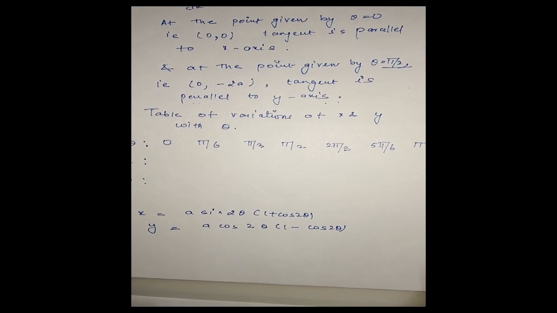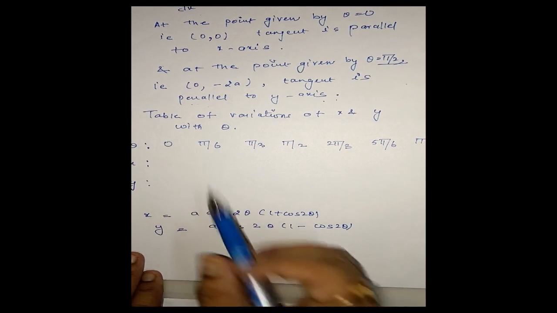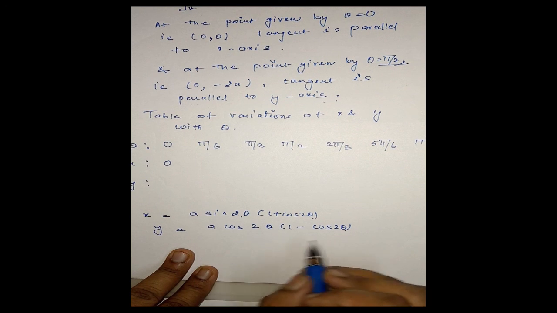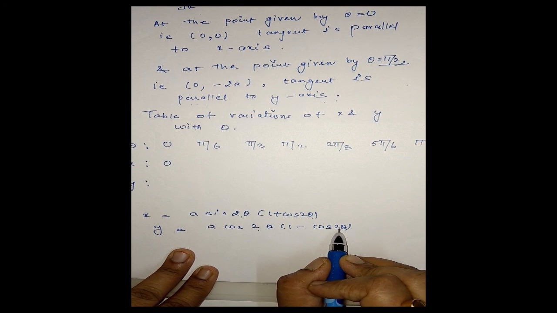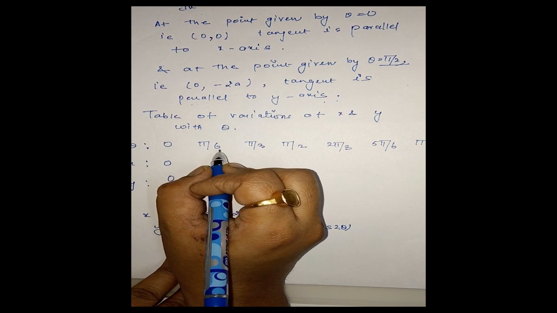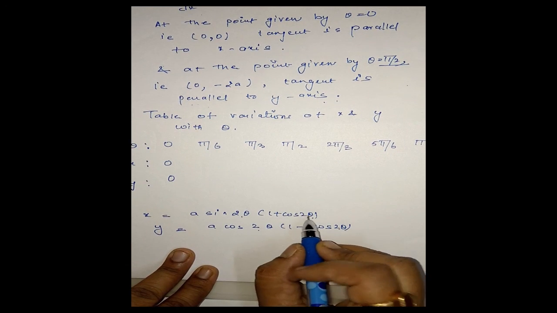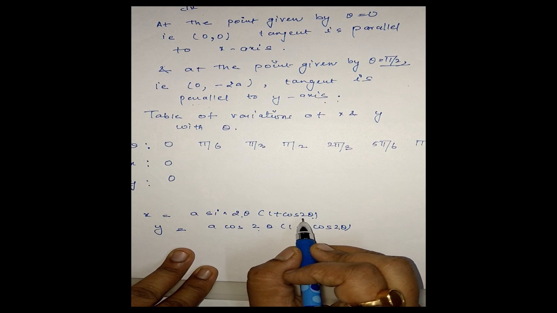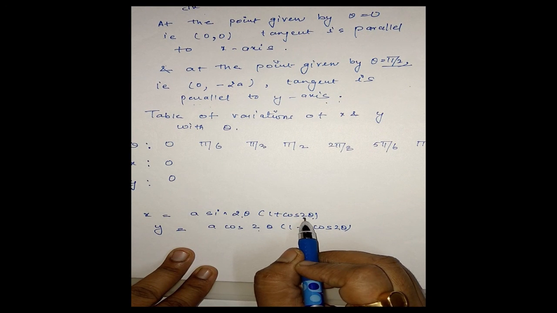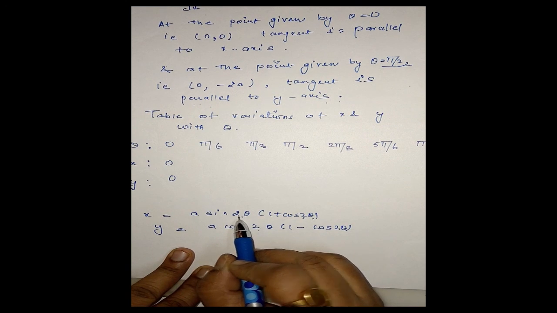When theta is 0, x is 0 and y is 0. Pi by 6 means 30 degrees, and pi by 3 is 60 degrees.